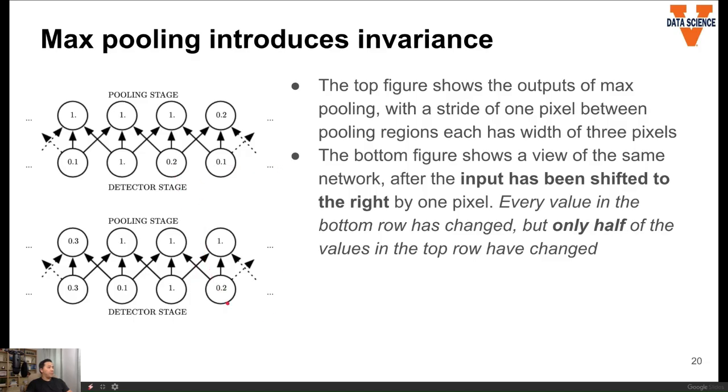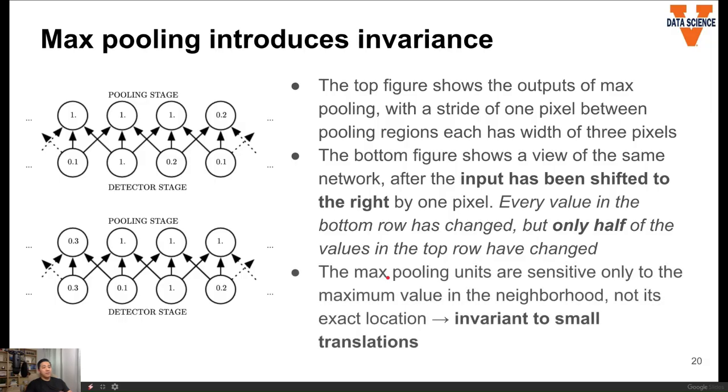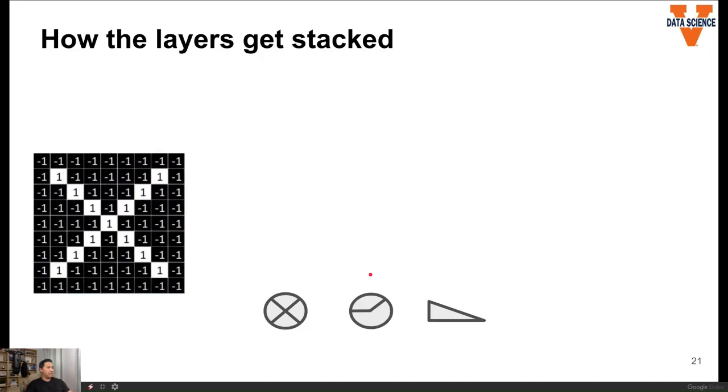So 0.2 here becomes 0.2 here, 0.1 here becomes 1 here, 0.1 here becomes 0.1 here, right? So now the input has changed dramatically. But if you look at the pooling layer output, only half of this changed, right? In fact, these two values in the middle stay the same, which is a very nice property, because you can think about it as giving invariance to small translation in the input, right? So it's a nice property to have.